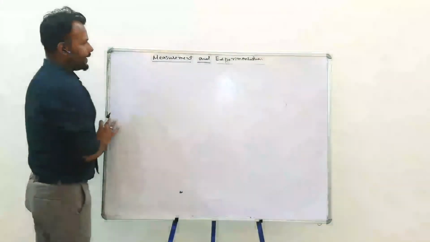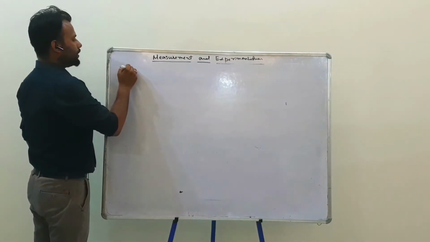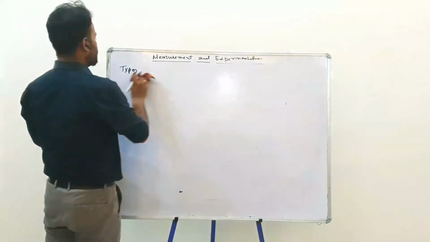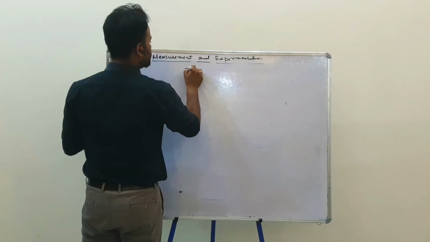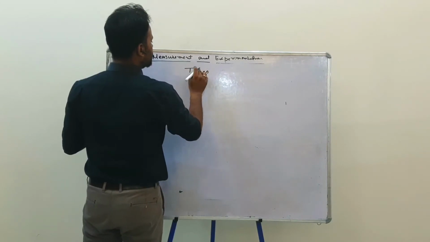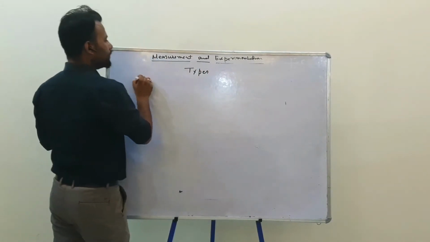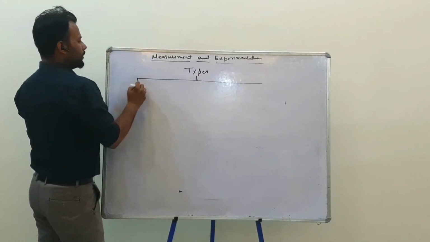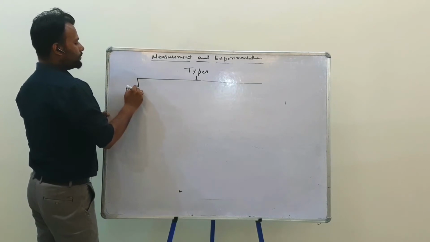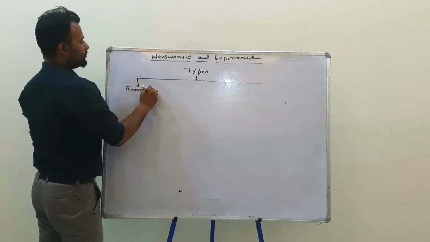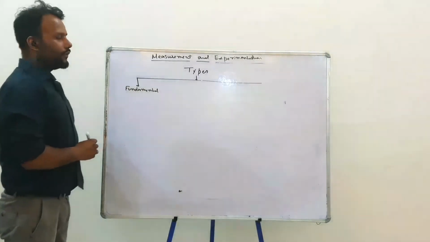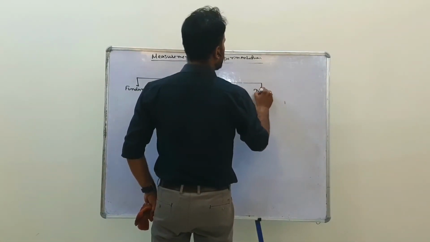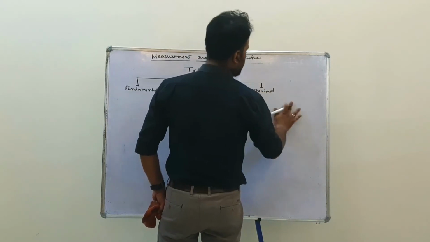Now let's talk about the types of units. We have 2 types. First, I must say, fundamental units, and second, derived units.